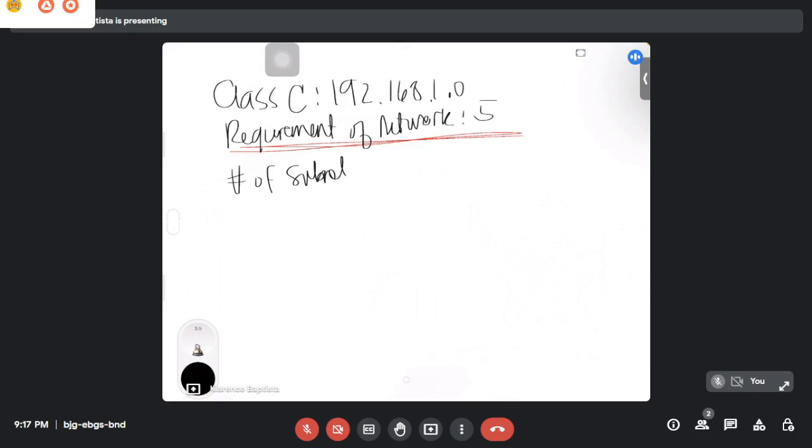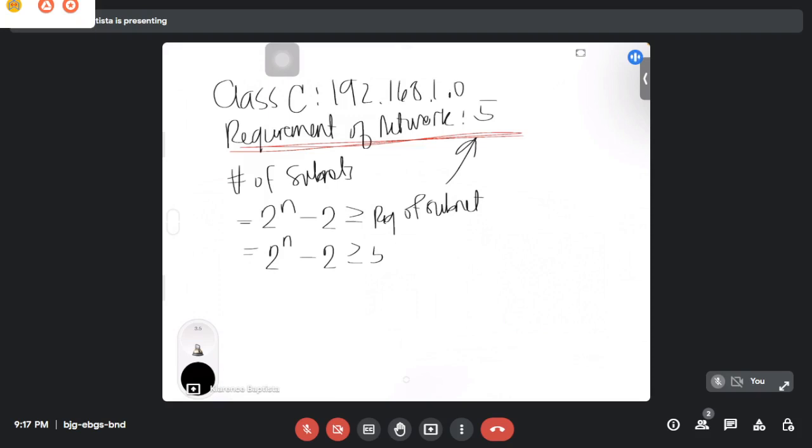So, the number of subnet is equals to 2 raised to n minus 2 greater than or equal to the requirement of subnet, kung ilan yung kailangan natin. So, 2 raised to n minus 2 greater than or equal to 5, kasi nga, 5 yung kailangan nating network.